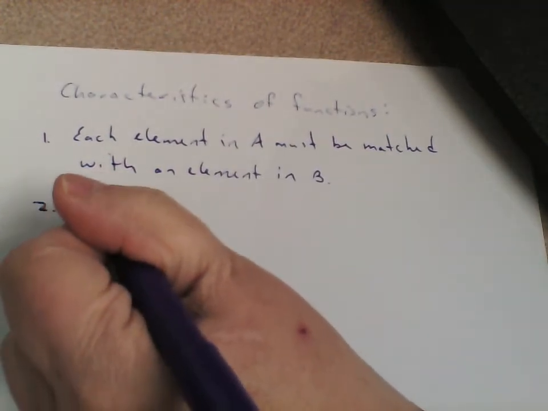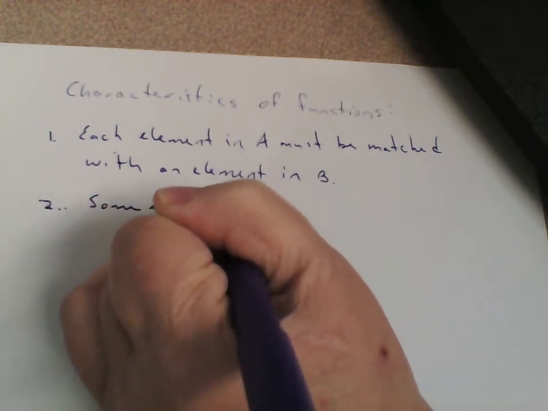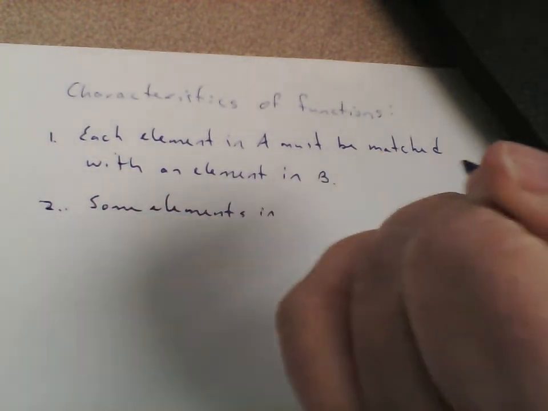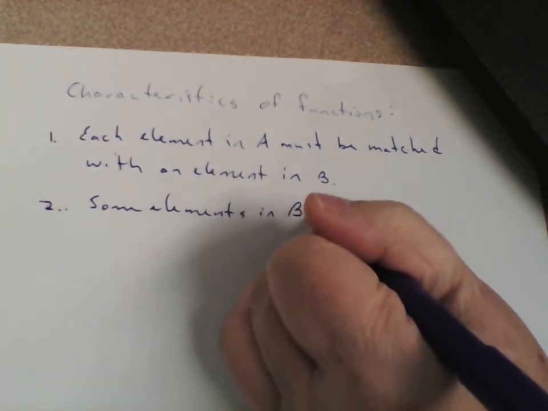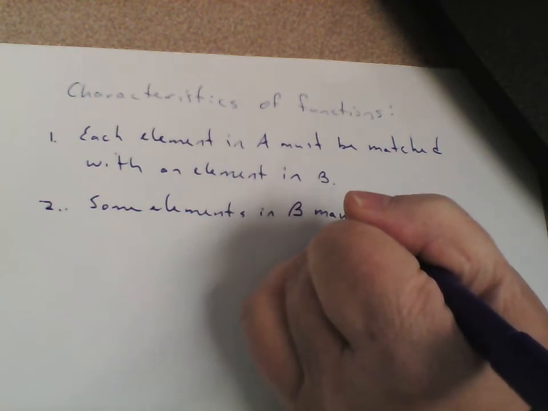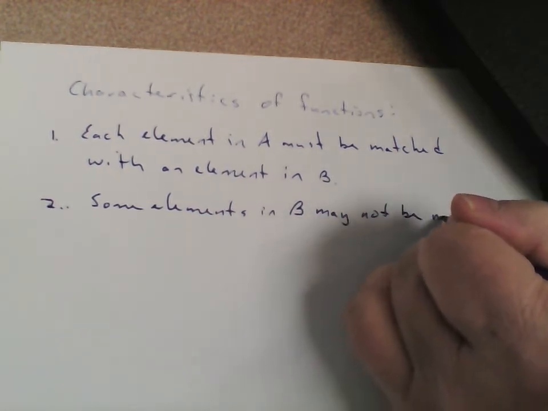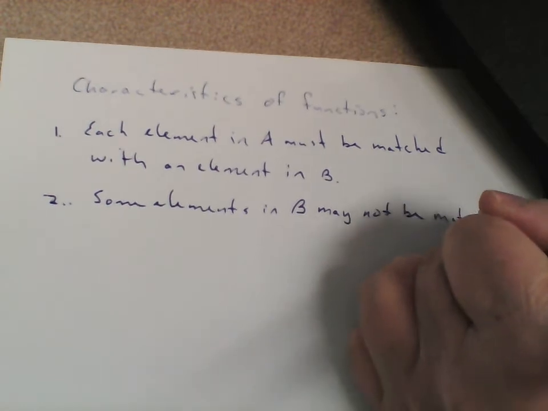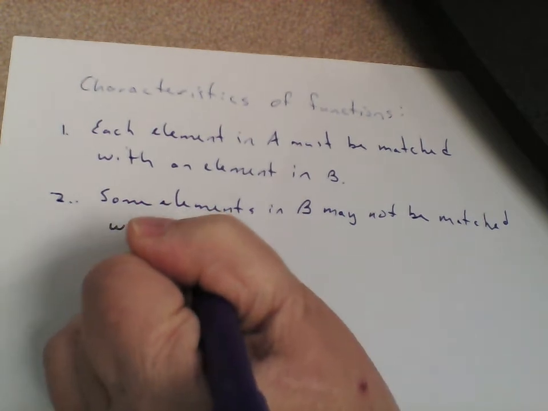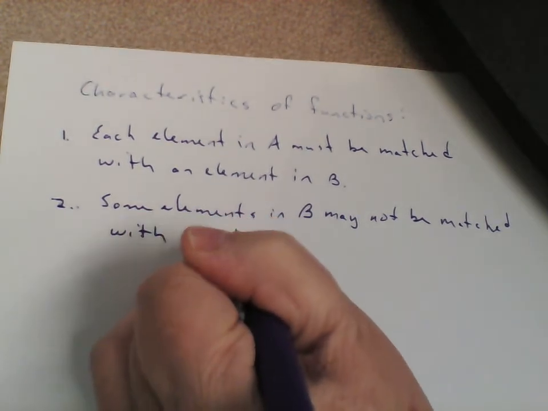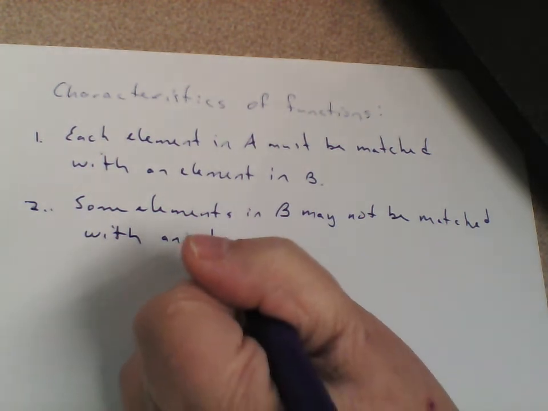Some elements of B may not be matched with an element in A, right? That's what we said. A has to have a B, but B does not have to have an A.